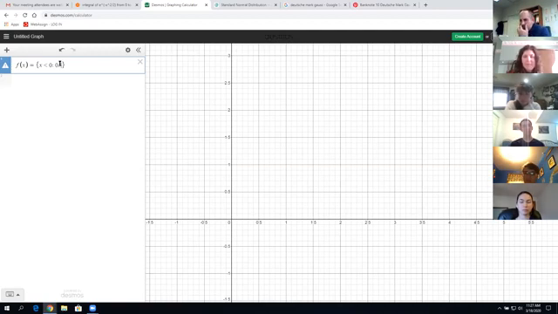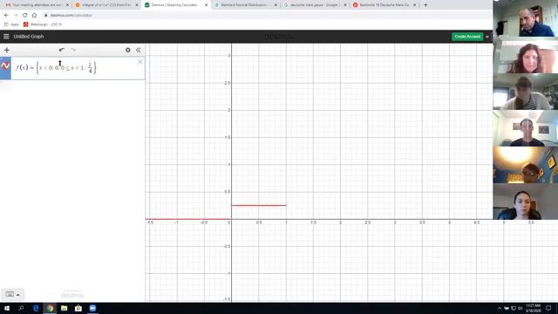And let's say that between 0 less than or equal to x less than 1, the density is like a quarter or something.